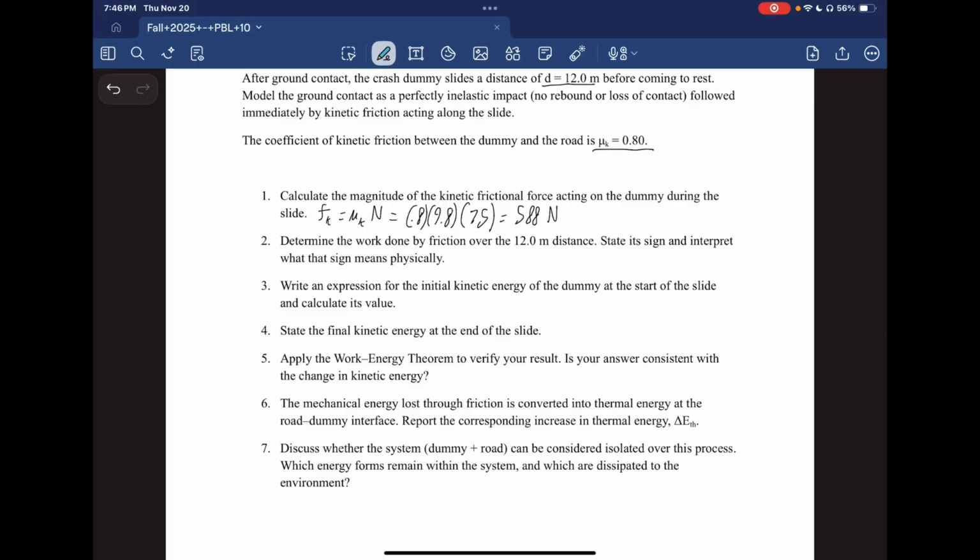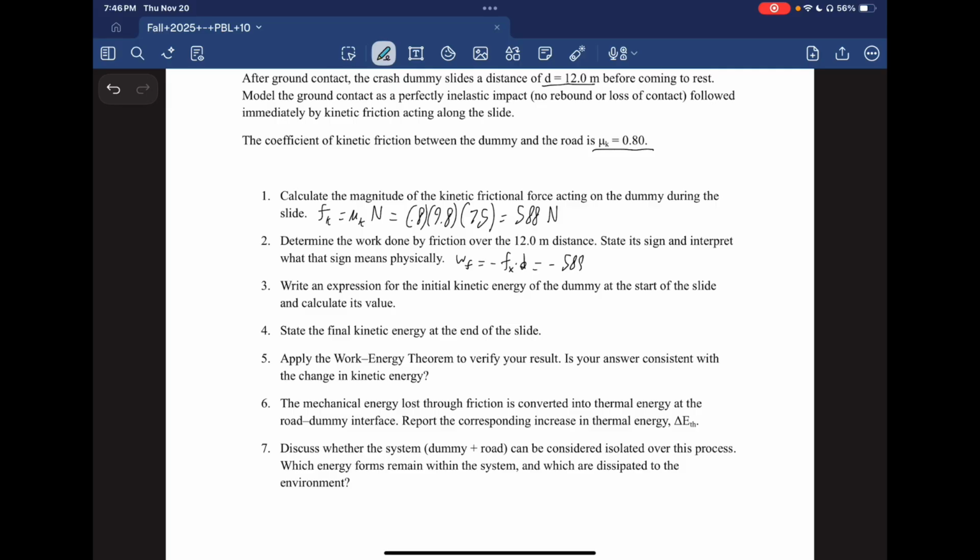Work done by friction over the 12-meter distance. The equation for this, we'll say work of friction is going to be negative frictional force times the distance traveled.